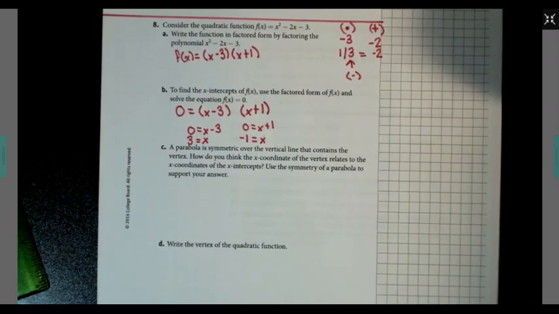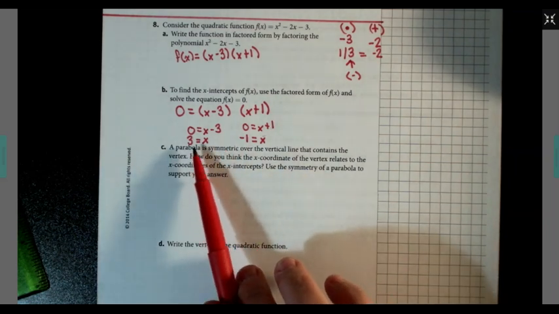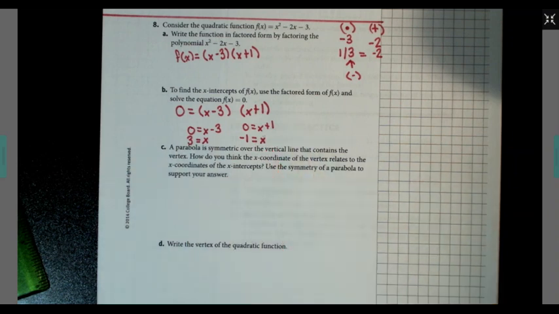So to find the x-intercepts, you set it equal to 0, and we have an x-intercept at 3 and an x-intercept at negative 1.